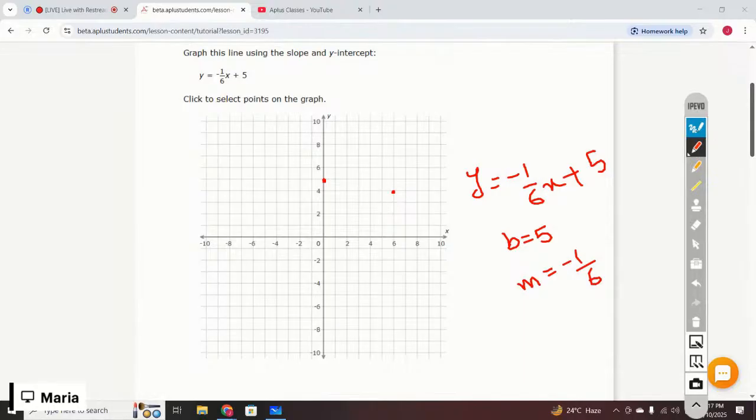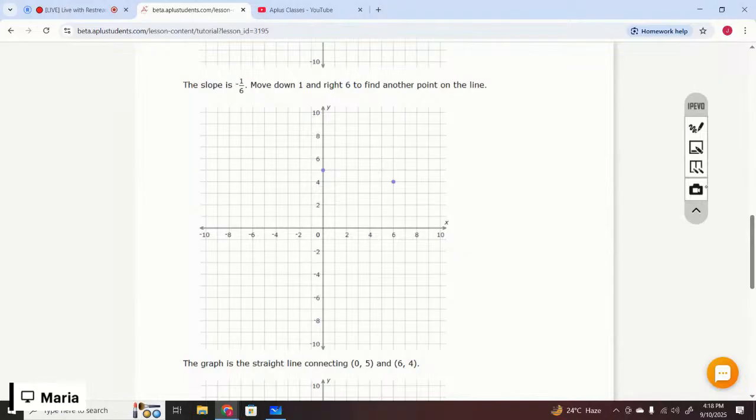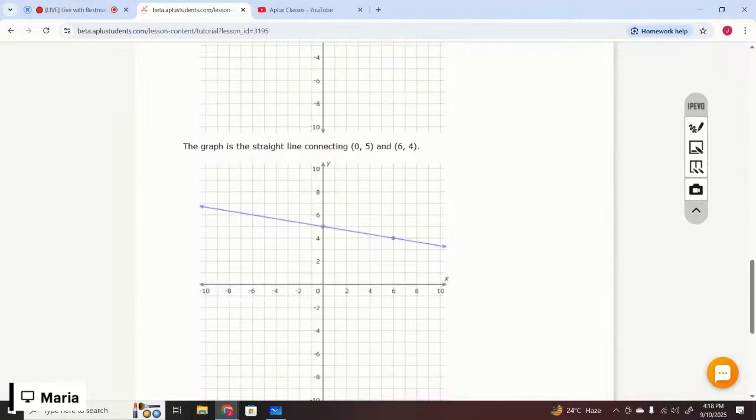Exactly the same points and the line. That's how you can graph the equation.